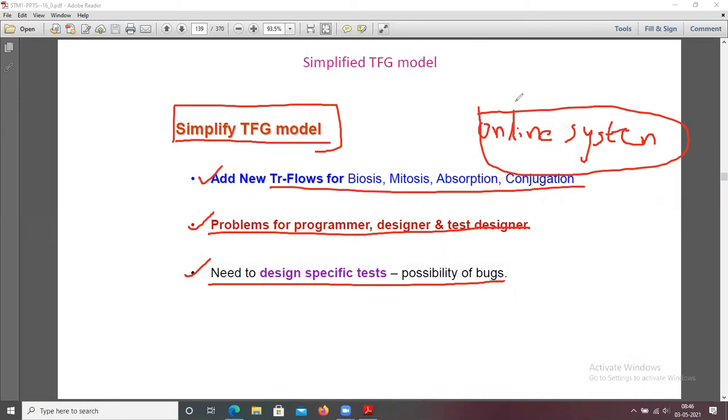Because of these transactions, you need to design specific tests, and there is the possibility of bugs.